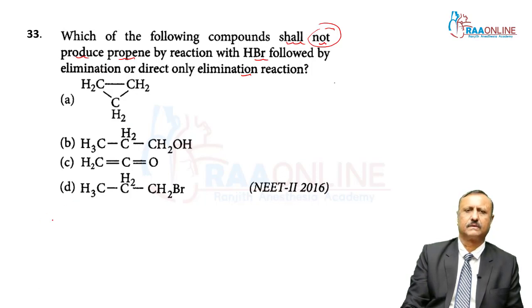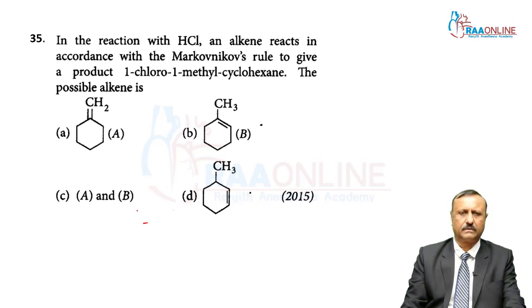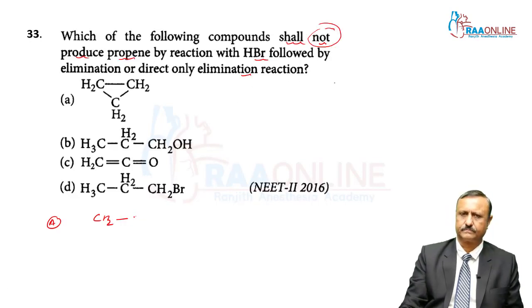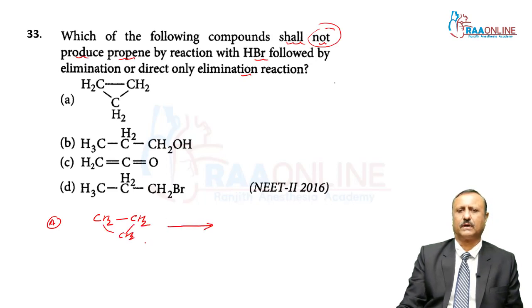When, my dear students, you can get A part, CH2, CH2 and CH2. When elimination occurs, means hydrogen is replaced, and when this compound reacts with this HBr, it is converted into an alkyl group, alkyl radical.